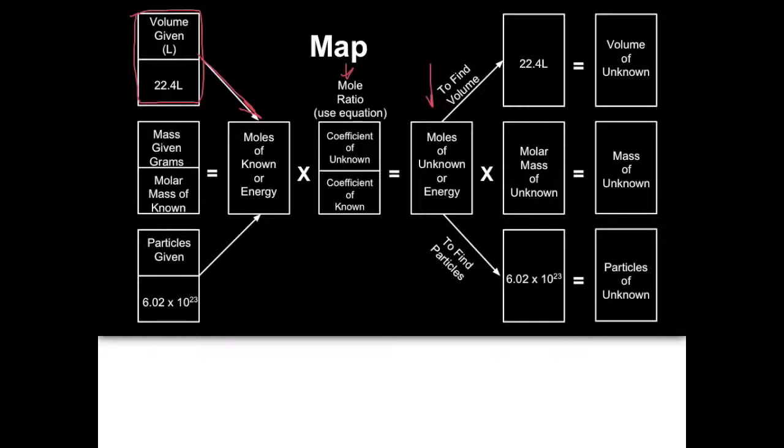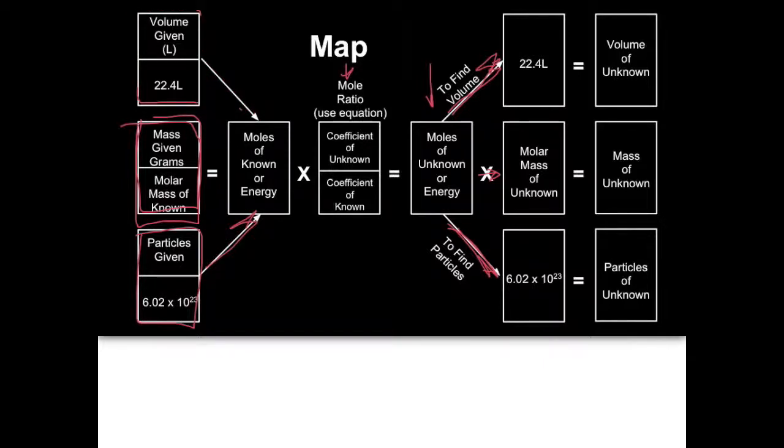And then depending on what you're trying to find, you could go up to volume here if that's what you want, or you could continue through to the molar mass and get grams, or if you wanted to find particles, you'd go down here. If you're given the mass, you'd start with this middle box and then continue on, and again, depending on what your answer is supposed to be, you can branch off on these other sides. And then if you're given particles, you use this bottom box, divide by 6.02 times 10 to the 23rd, which gives you moles, and then you carry on and follow the path to whichever answer you need.